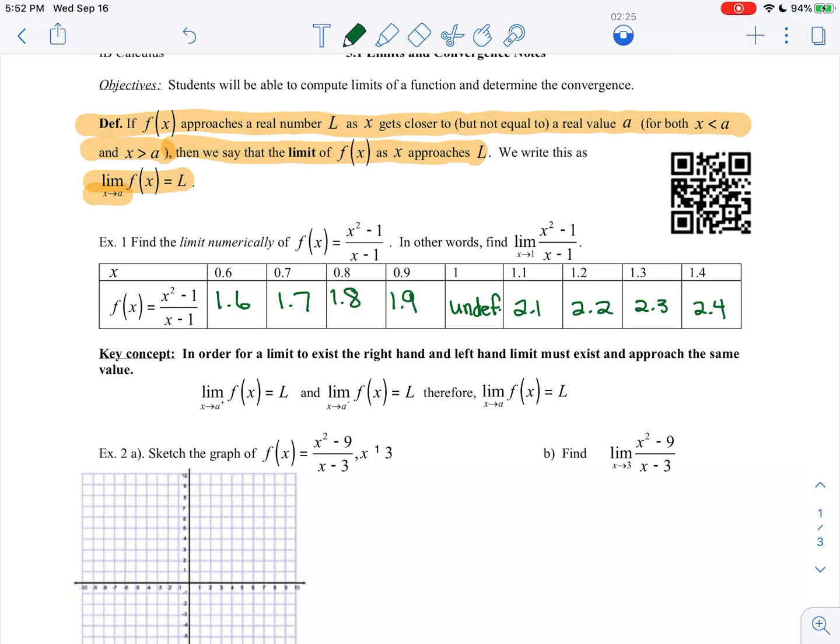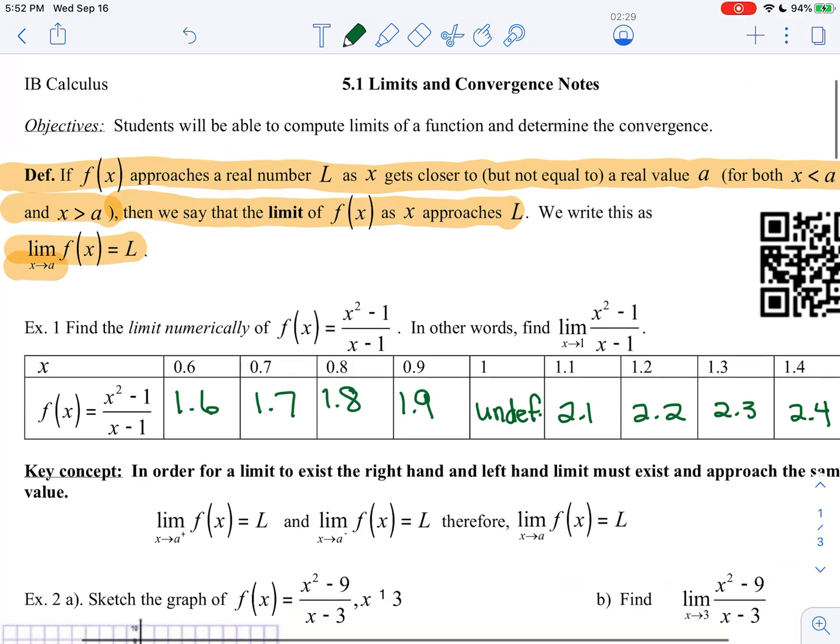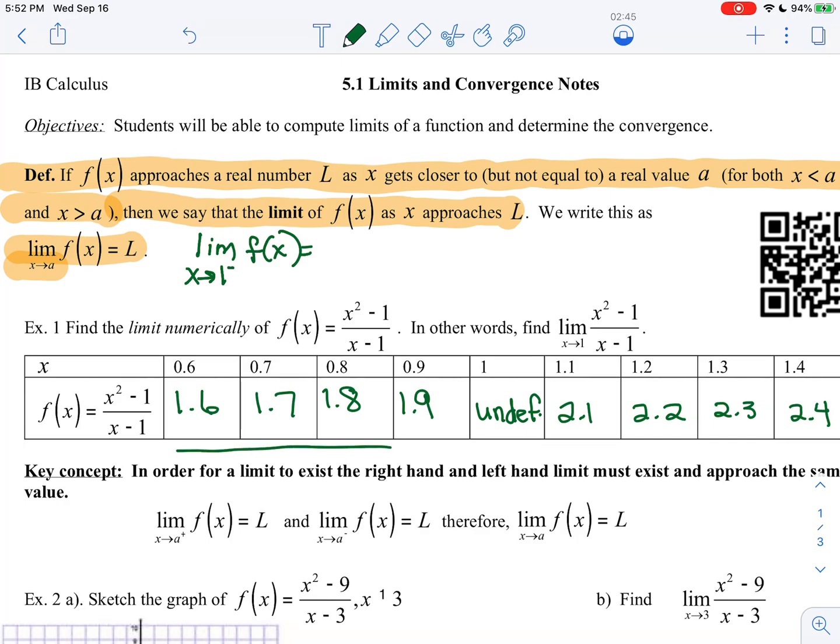Okay, so here's the interesting part, and we're going to actually write this above it. So watch this. I need to look at what's happening as I come in from the left, and it's okay to write f of x, or you can write out the function. Either way is okay. So as I come in from the left-hand side of 1, what number does it appear to be approaching?